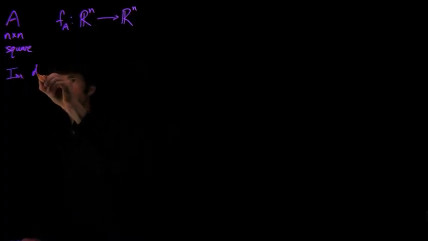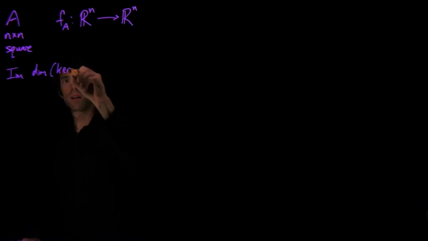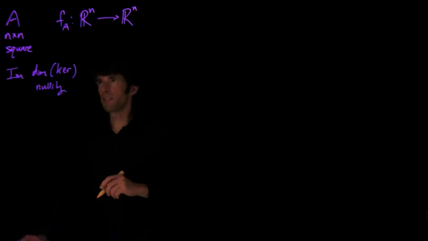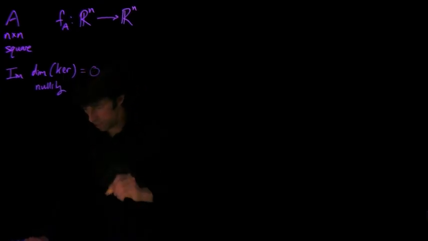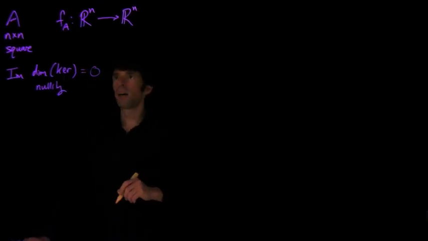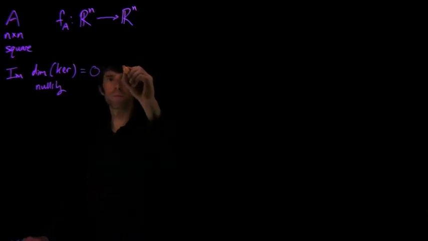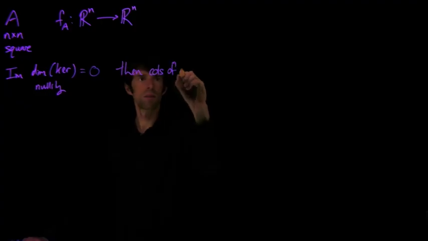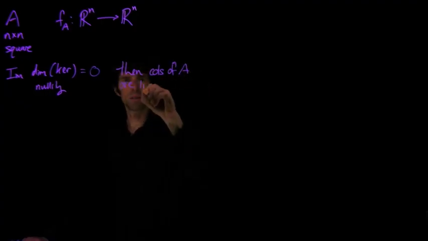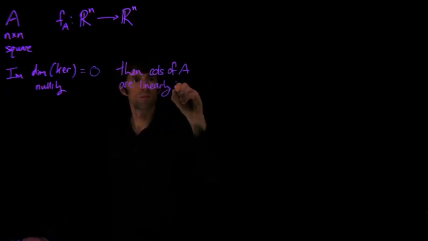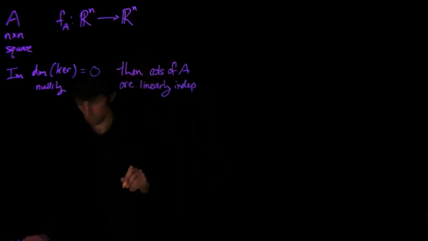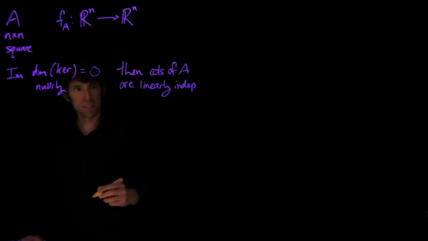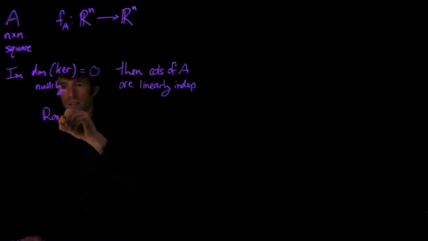If the dimension of the kernel, this is the nullity of this matrix, or this linear map, is equal to 0, this says the columns of A are linearly independent.